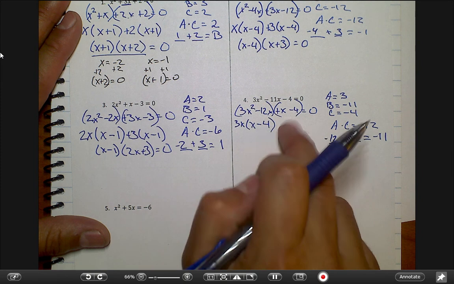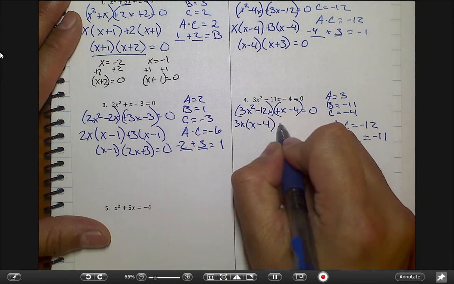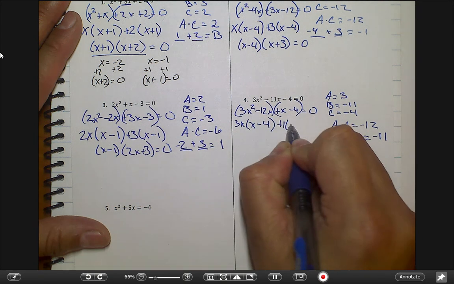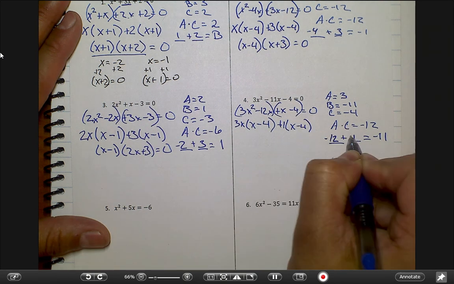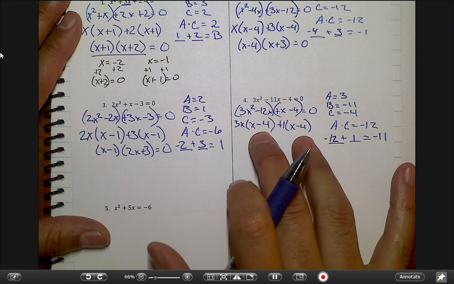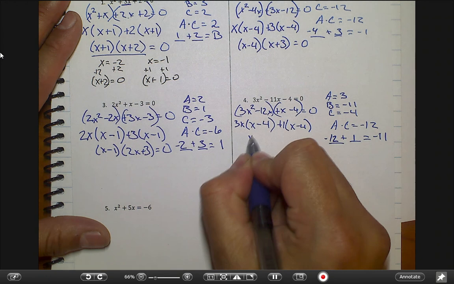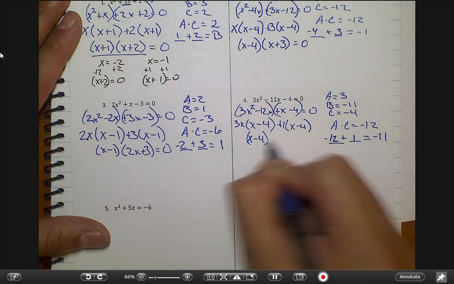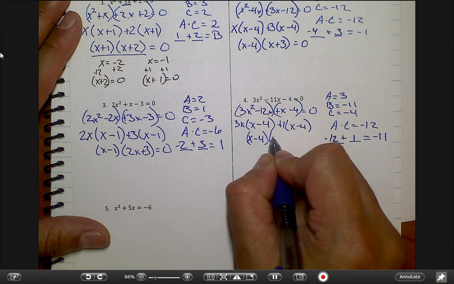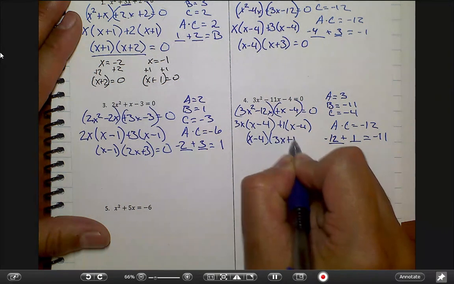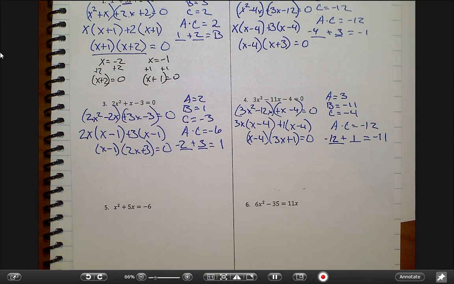So it's going to be a positive 1 from here. Plus 1. And I'm left with x minus 4. So they both have an x minus 4. And what's left over? 3x plus 1. Equals 0. There's my answer. x minus 4.